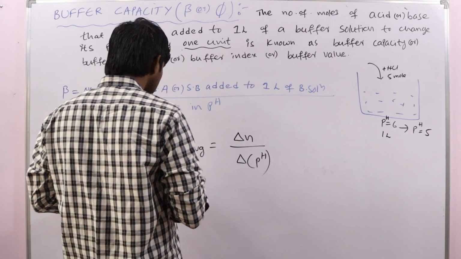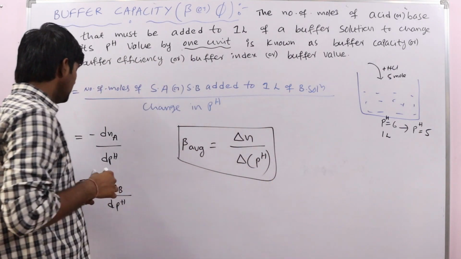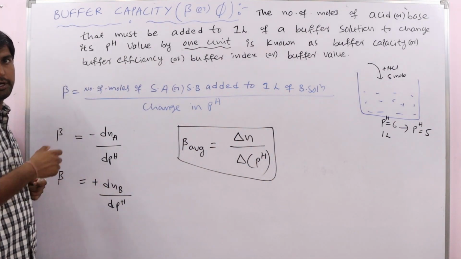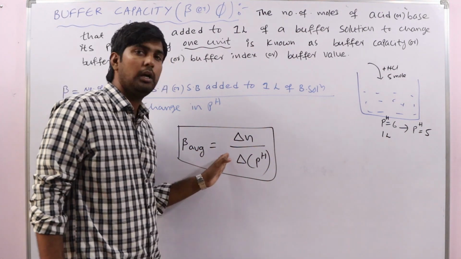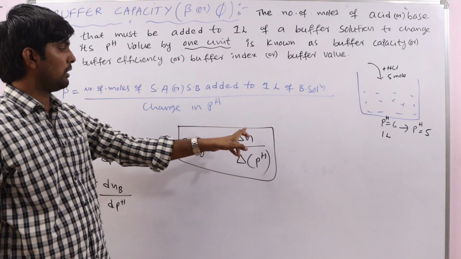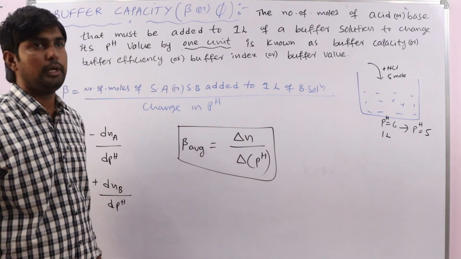So this is called average buffer capacity. This is at a particular instant, and this is for the whole process. Average buffer capacity equals total number of moles added by total change in the pH.